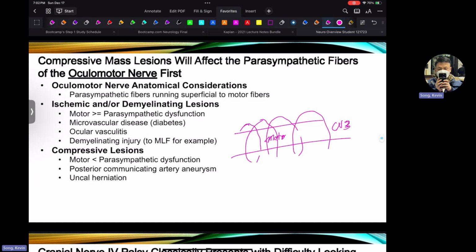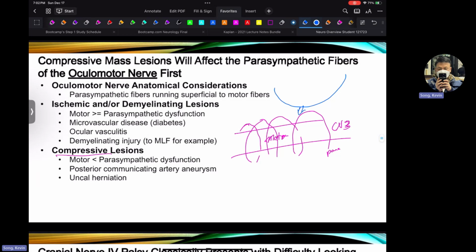So what's going to happen if something is compressing it? If something is compressing from outside, which one will be affected first, the parasympathetic or the motor? You can unmute and say, or write down in the chat. Which will be affected first?